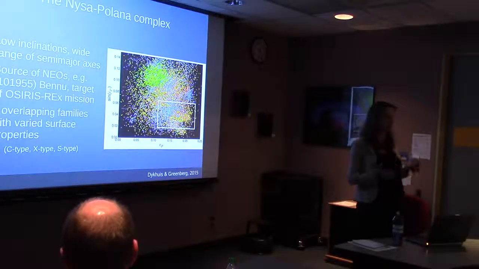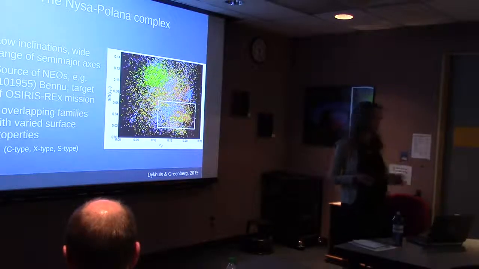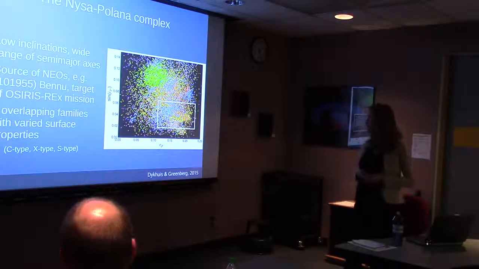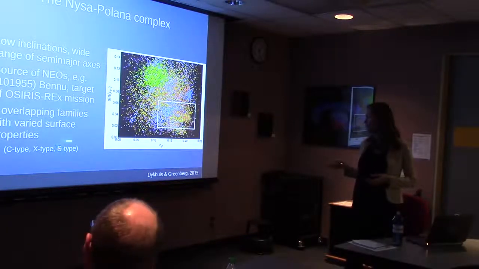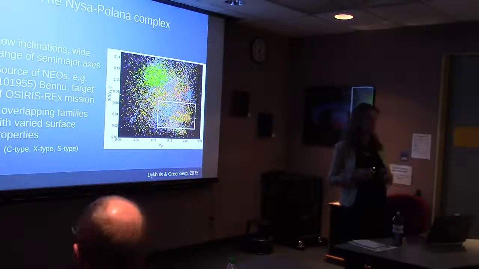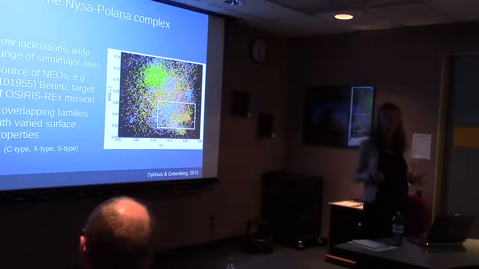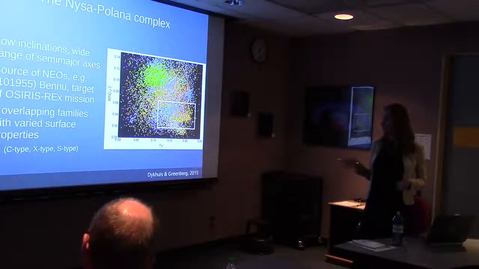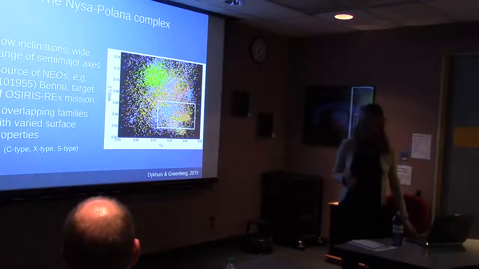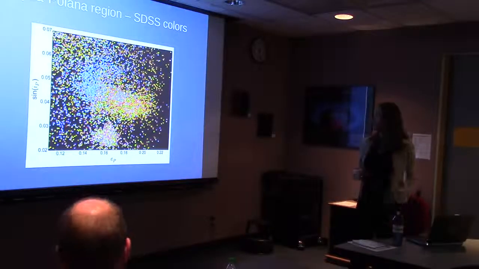These refer to the properties of their surface. C-type looks dark, carbon-like, carbonaceous or coal-like, and then S-type looks stony. The S-types are lighter and often redder. And then X-types are kind of in between. So we'll use those terms when we look at the Nysa region.